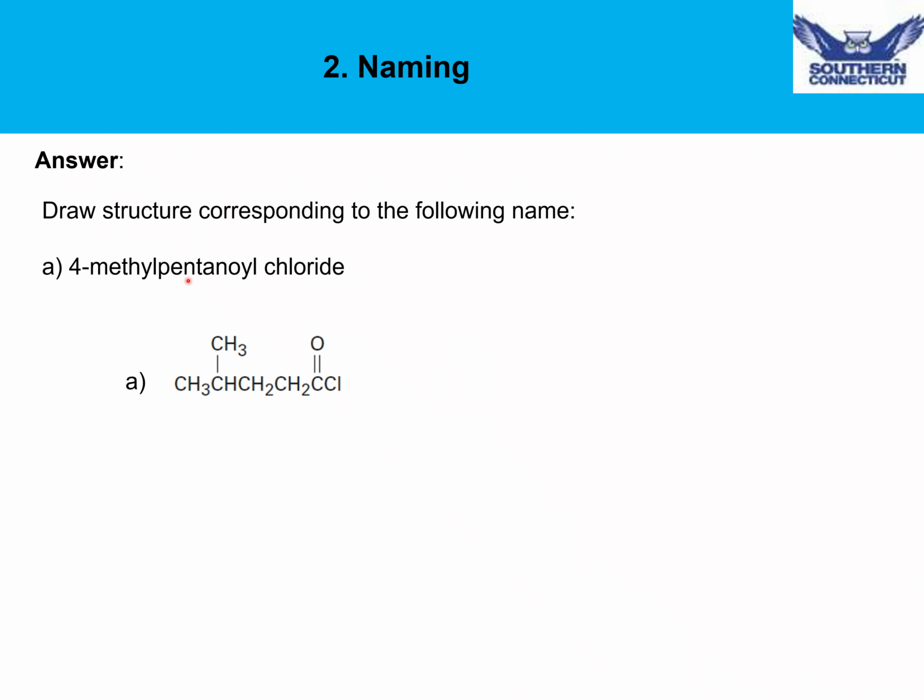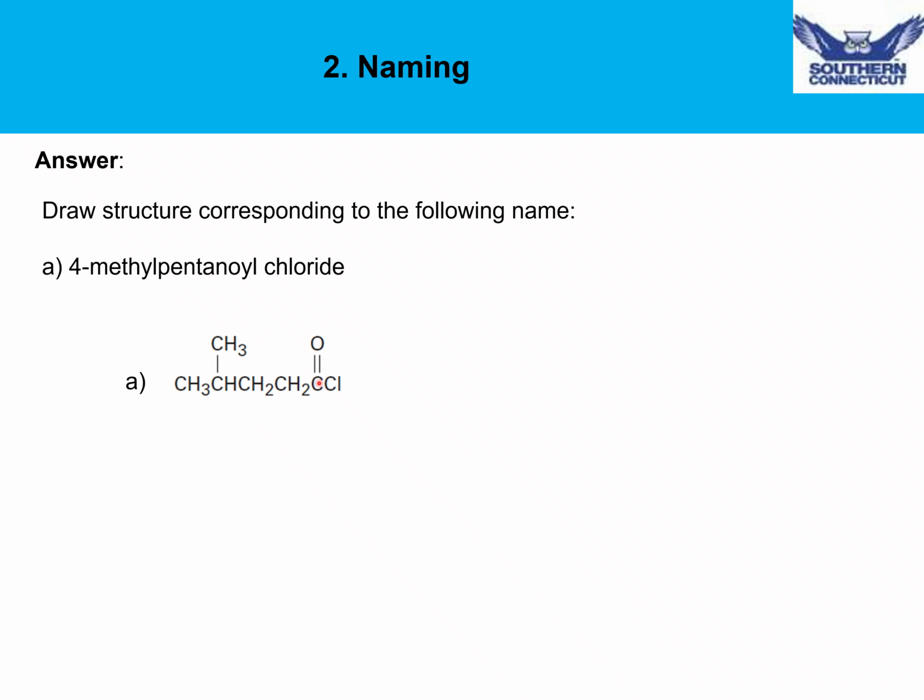We have a pentanoyl chloride, which means an acid chloride which has 5 carbons. So carbon 1 on the carbonyl, carbon 2, the CH2, another CH2, another carbon, and then a CH3. So 5 carbons in the parent name. We have also a substituent on carbon 4, which is a methyl group.